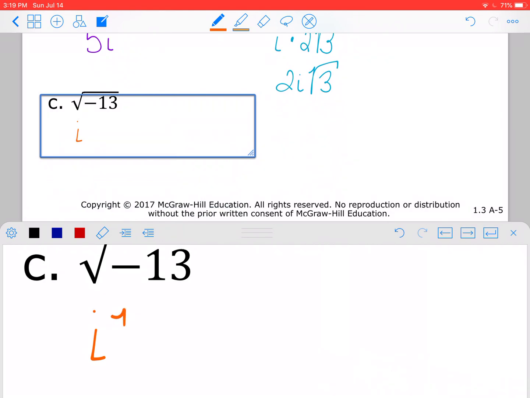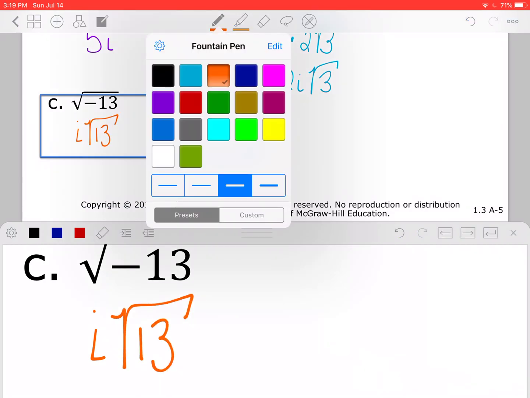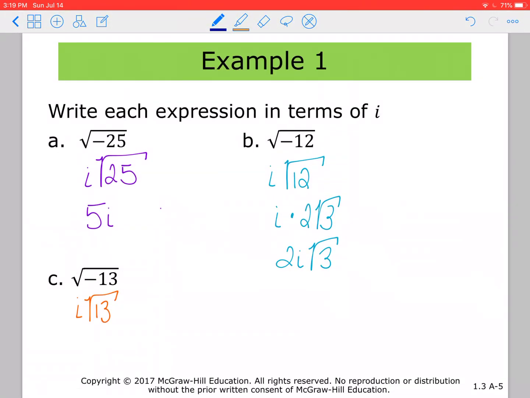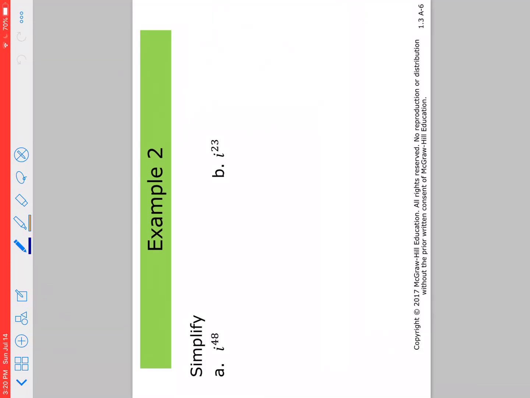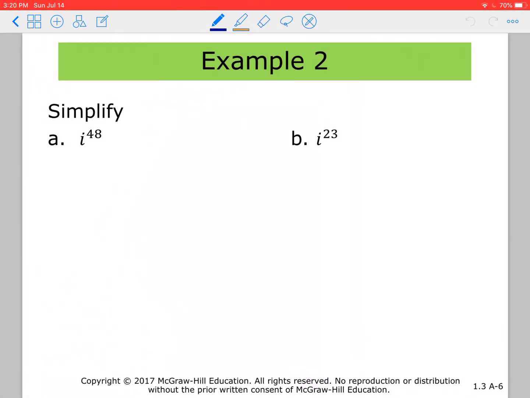Okay, what if we have i to some exponent? Well, we can simplify this because i squared is negative 1. So what we need to do is get this 48 in terms of i squared. Okay, so we want i squared to the something to be equal to i to the 48.